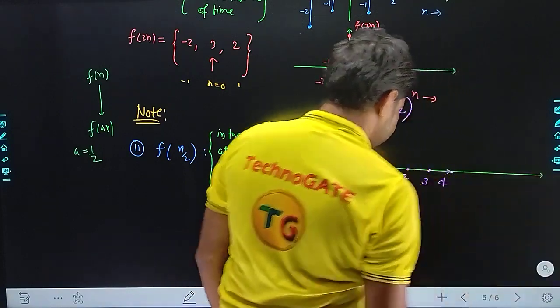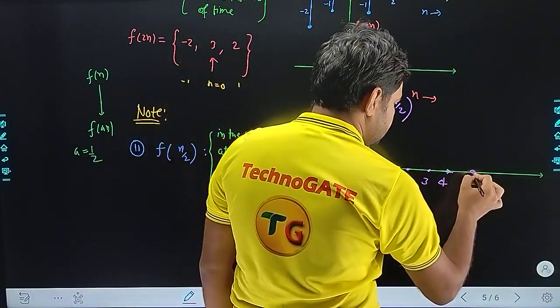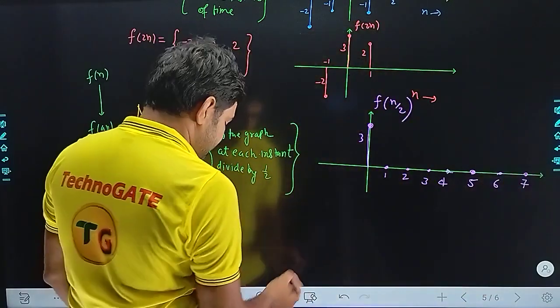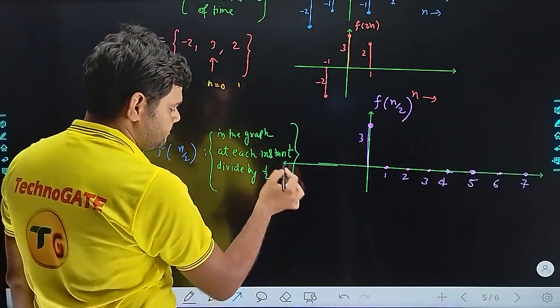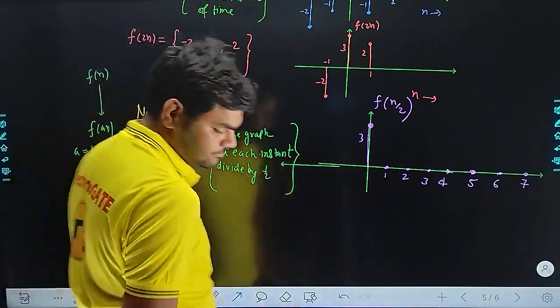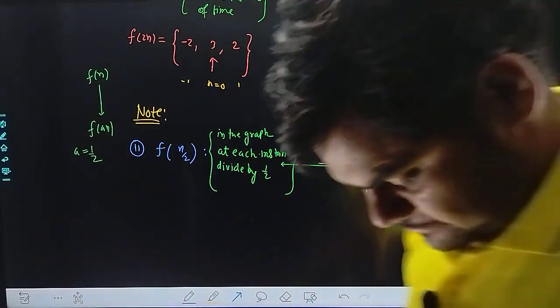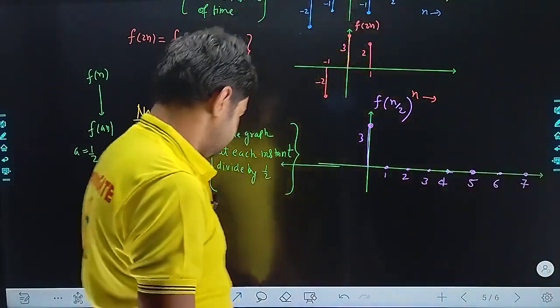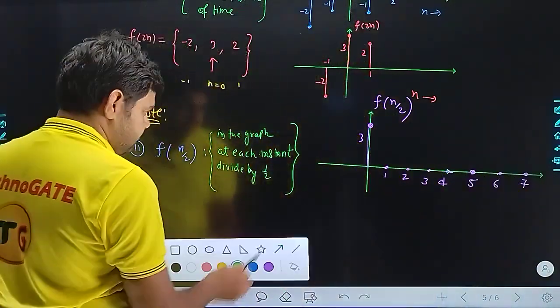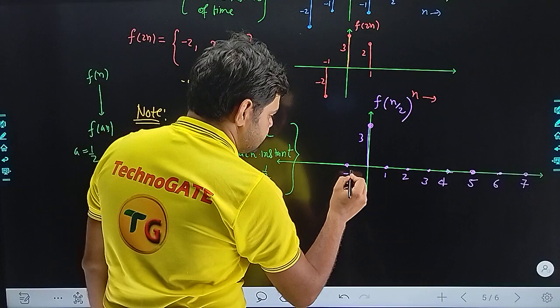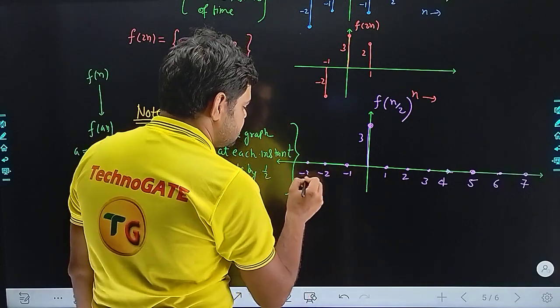All these things are present like this. So here we can clearly define it like this. Obviously all the discrete samples at -1, -2, all these locations are present here.